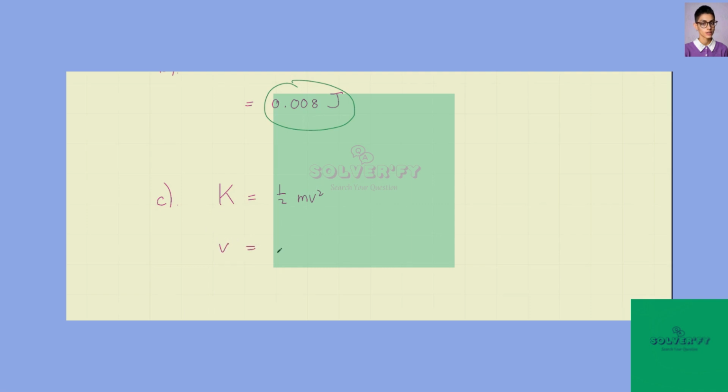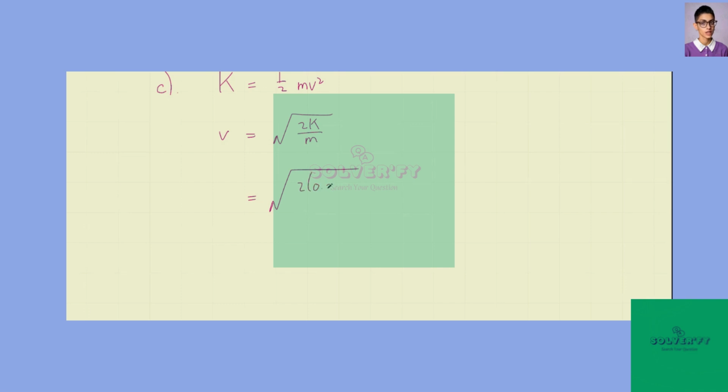This means that the speed v is the square root of 2K over m, which is the square root of 2 times 0.008 joules over the mass of 55 grams, which is 0.055 kg. Calculating, we get the speed of the mass at 1.5 centimeters to be 0.5 meters per second.